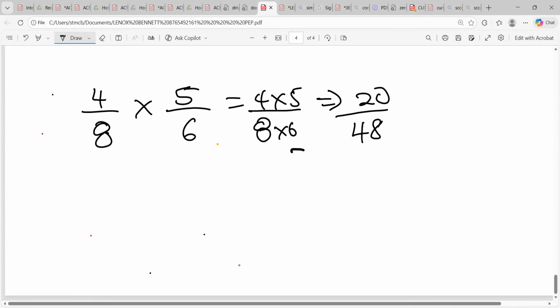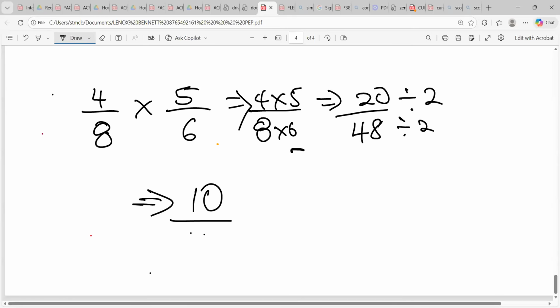And when you look at it, you can see that they are both even, so 2 can go into it. 2 into 20 goes 10 times, and 2 into 48 goes 24 times.